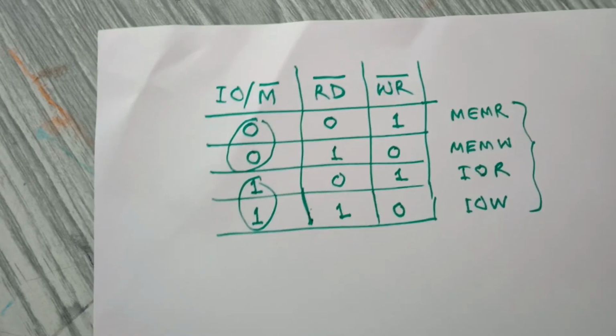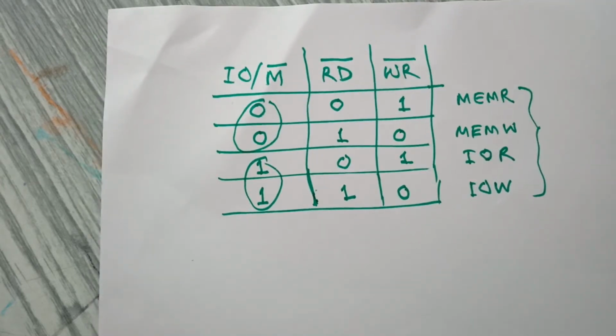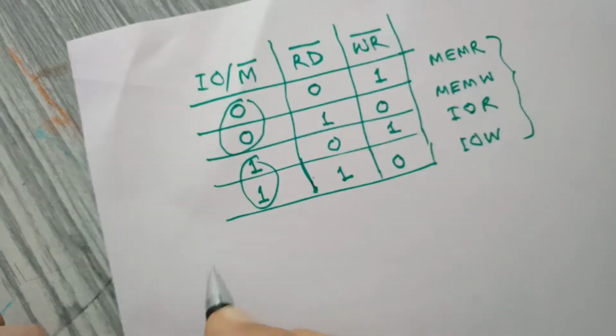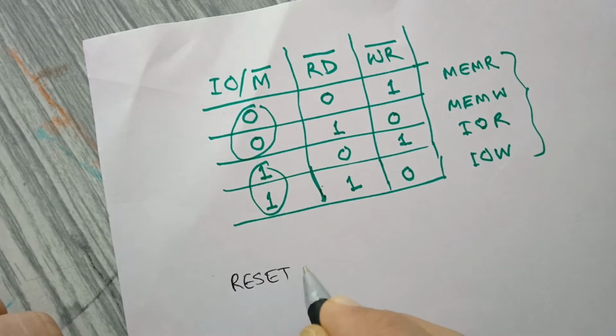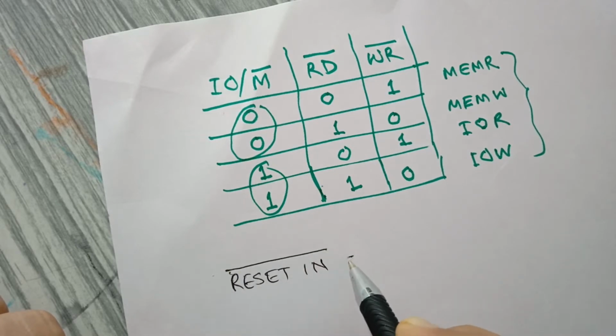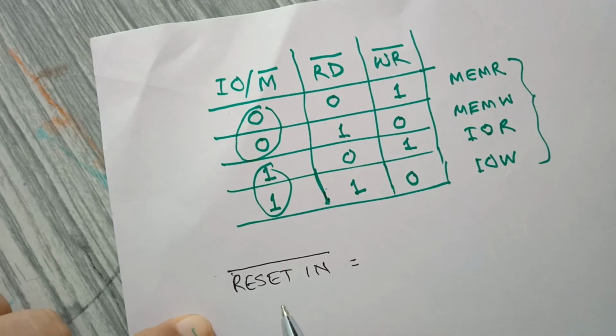You know that for every computer there is a reset button. Here, reset in is the name and there is a bar on this. That means this is the input pin to the microprocessor, and the bar on it means it is active low.